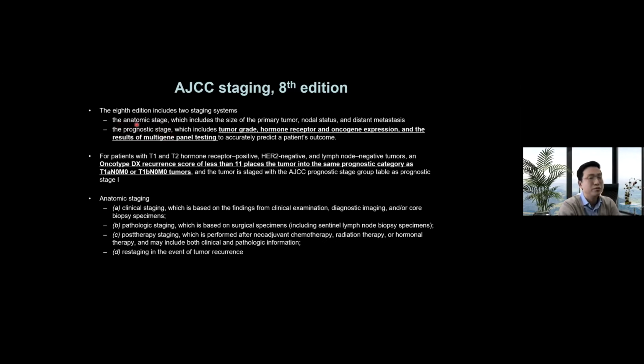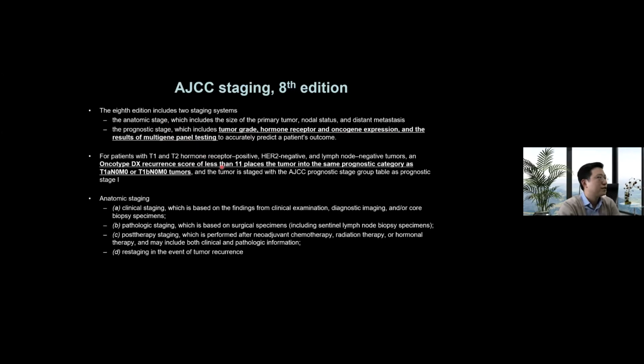So anatomic stage is regular TNM staging, and prognostic stage included the tumor grade and hormone receptor and HER2 expression status, and also multi-gene panel testing. So I'm going to talk about in detail in the latter part of today's talk.